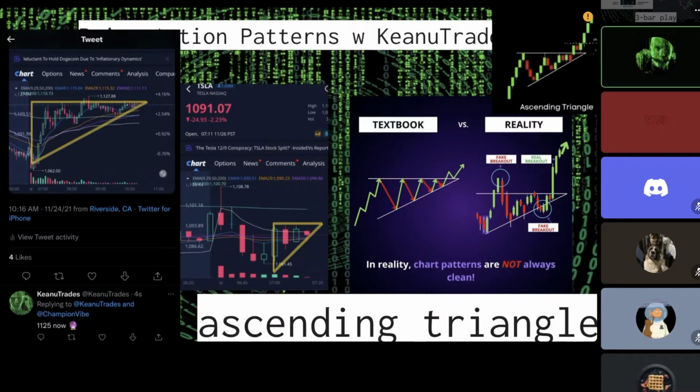And what is price action? It's just a display of people's buying and selling. That's all it is, watching it. So on an ascending triangle, people are buying, and then they're not letting it go further. Like, where it says textbook, that's where I'm looking right now. So it goes up to, let's say, 100.